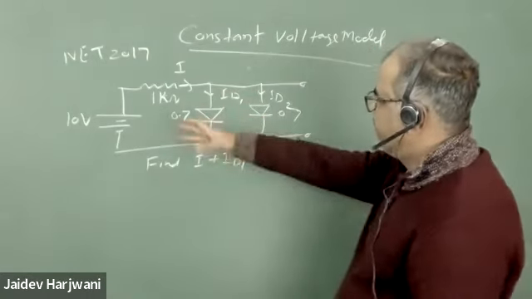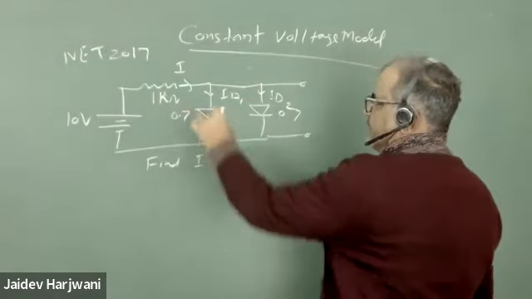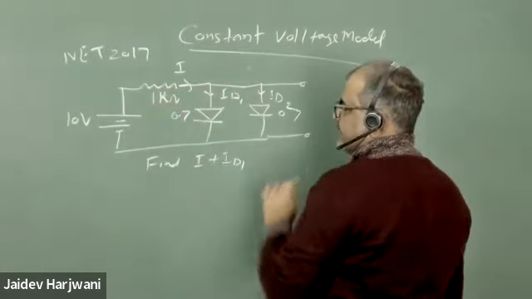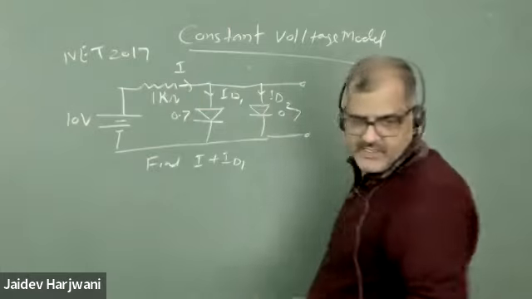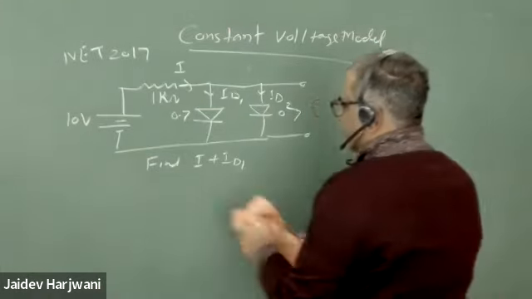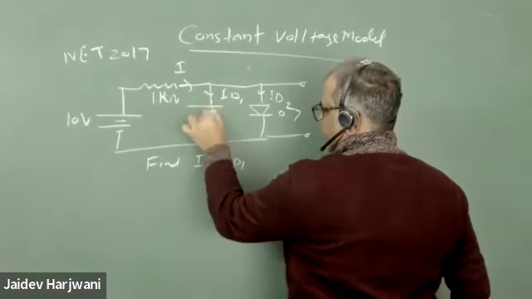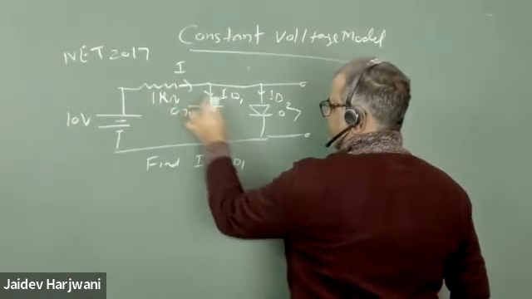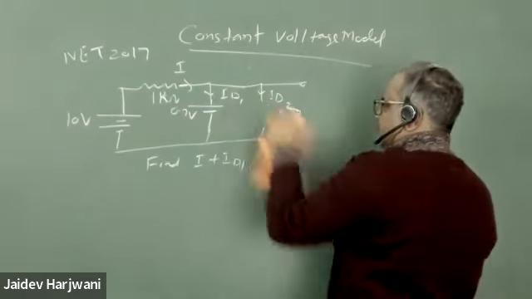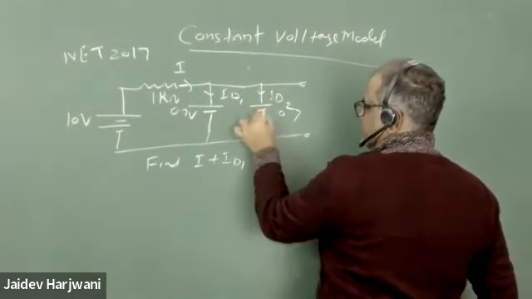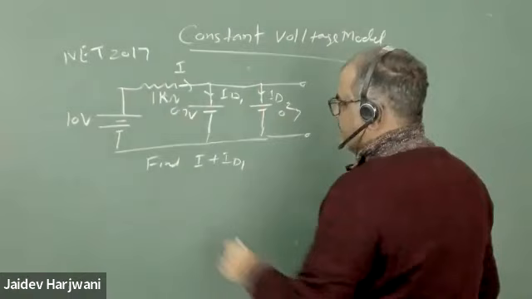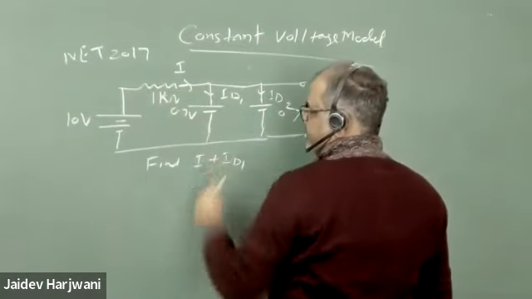Open circuit voltage is 10 volt at this point, so they are all conducting. So we can replace them by a battery of 0.7 volt when they are forward bias. Similarly this is also 0.7 volt. Now I can apply KVL in this loop.